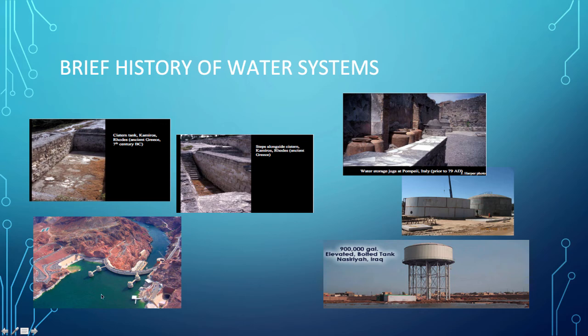Lake Mead here, you can argue, is as much a flood control system as it is a water use system. Its purpose to some extent is flood control, but it was really built prior to World War II, not in anticipation of World War II, but as a way to generate electricity.